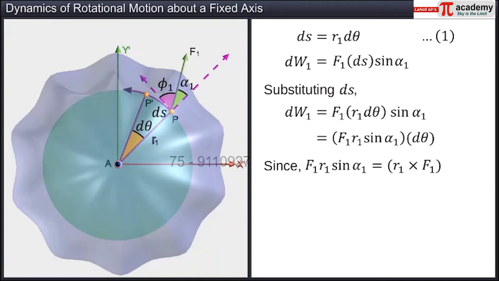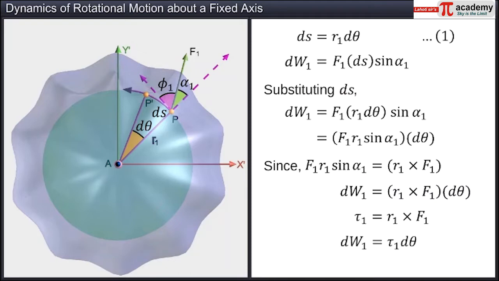Since F1 r1 sin alpha 1 is equal to the magnitude of r1 cross F1, we have dW1 is equal to r1 cross F1 into d theta. Substituting tau 1 is equal to r1 cross F1, thus, dW1 is equal to tau 1 d theta. Let this be equation 2.